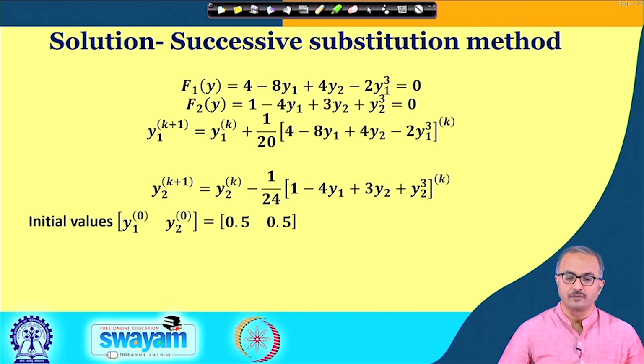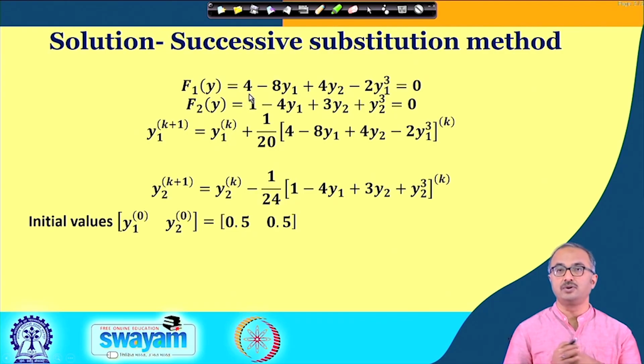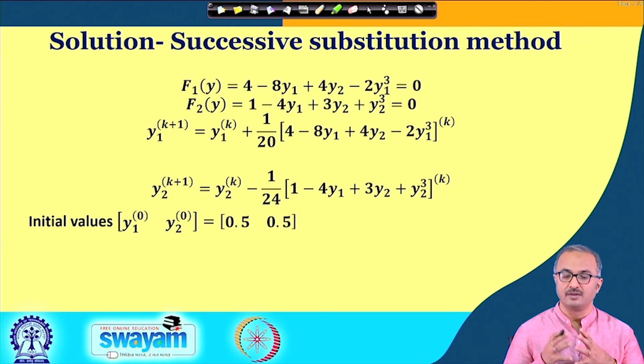So, what do we do here? We take this particular problem. In this problem, we choose these two equations for demonstration purposes. Now, please understand that when we have only two unknowns, things become much simpler to find the value of these roots.